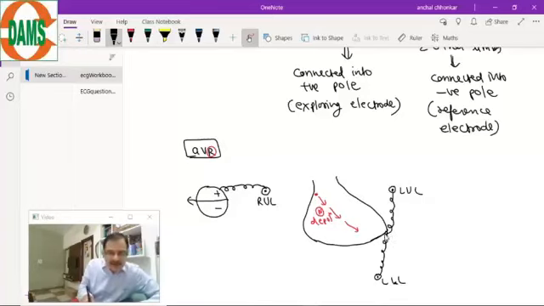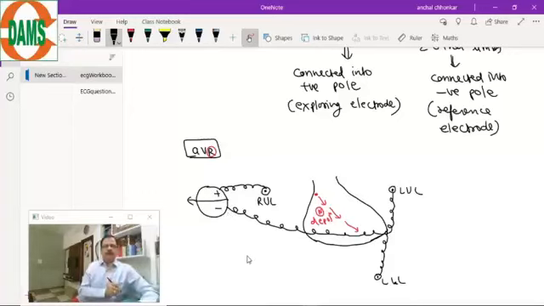Join these two wires, and the common wire will go to the negative pole. So very well you can see, the right upper limb is going to the positive pole, and the combination of two remaining limbs is going into the negative pole.